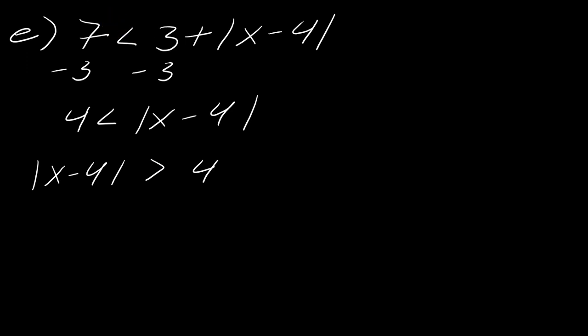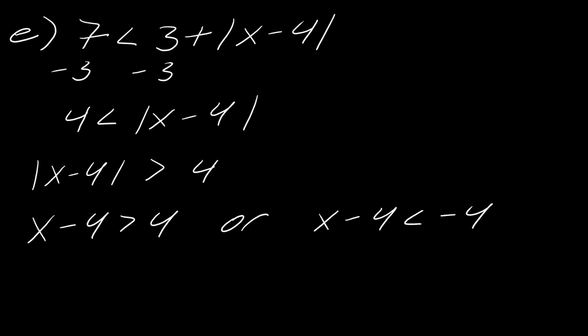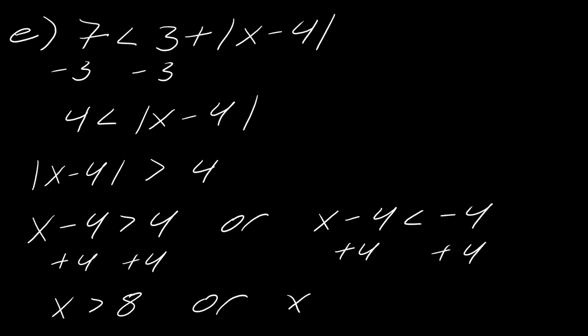You might find it helpful. So I'm going to have x minus 4 is greater than 4, or x minus 4 is less than, sorry, my bad, negative 4. Okay, and so then I can add 4 to all sides, so I get x is greater than 8, or x is less than 0.